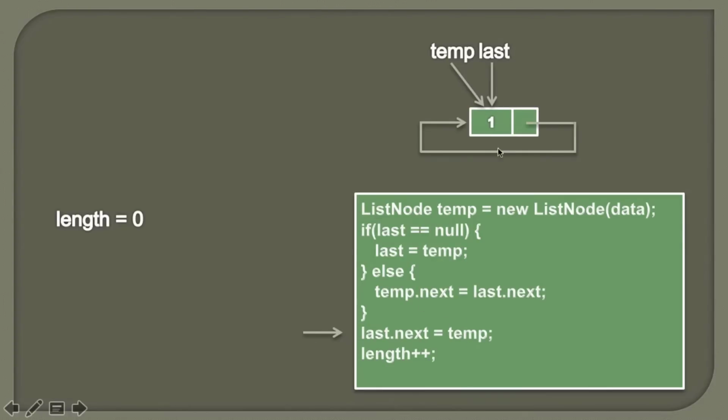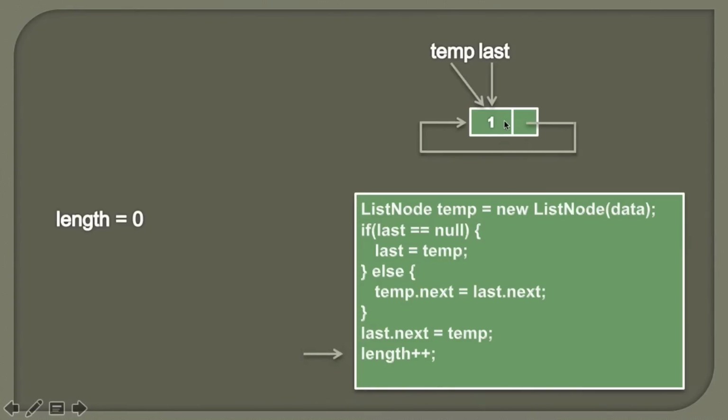So after this step, last next will point to the node itself. And here if you see, it is also fulfilling the property of a circular singly linked list, as the last node is pointing to the first node. And since this is the only node in the circular singly linked list, therefore the last node and the first node is the node itself. Therefore here it is referring to itself. Moving ahead.